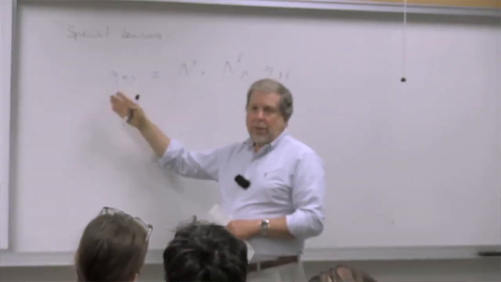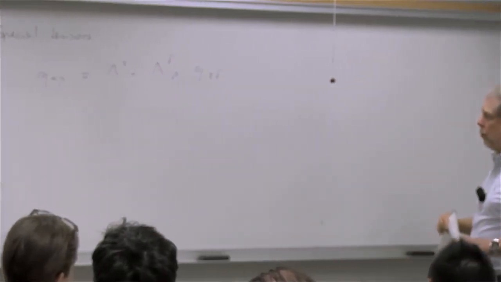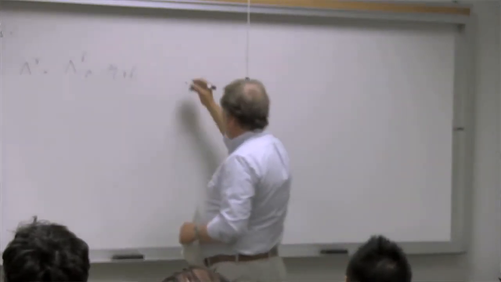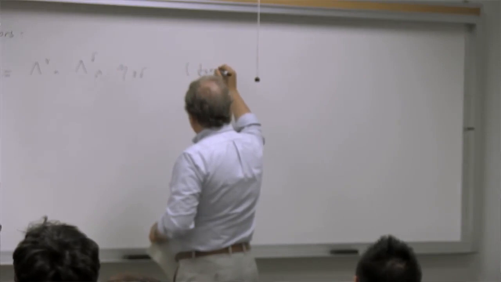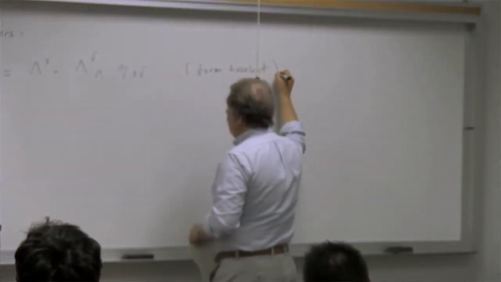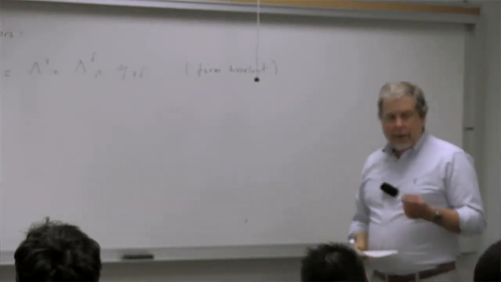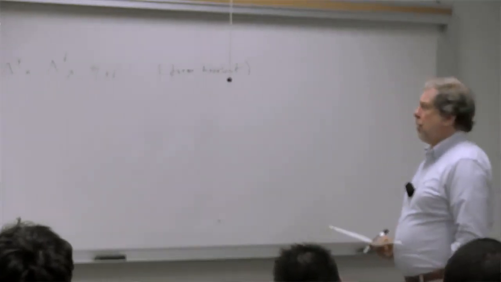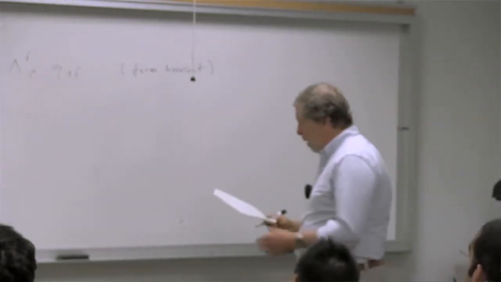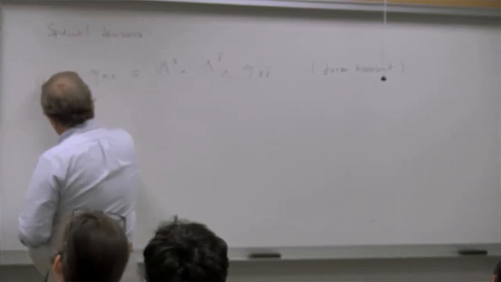So it is transformed, but it's transformed into itself, which is kind of nice. And that can happen too. So this is form invariant, so it is a tensor. It is, in fact, a covariant tensor because the indices are downstairs, but it maintains the same form.